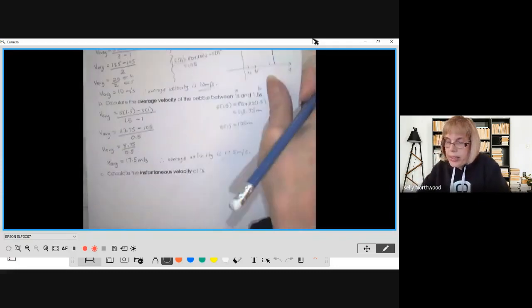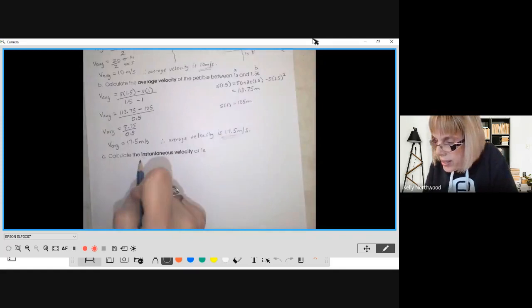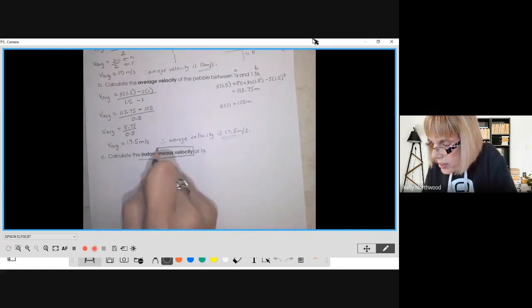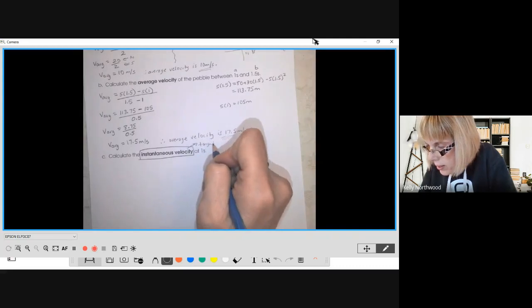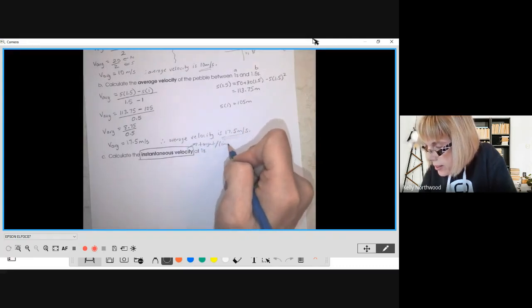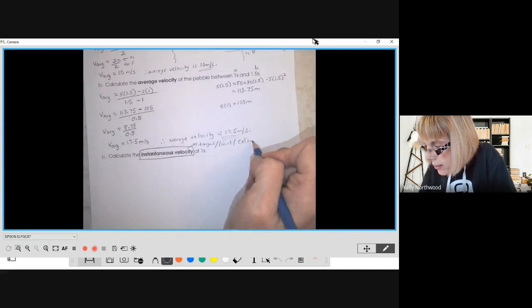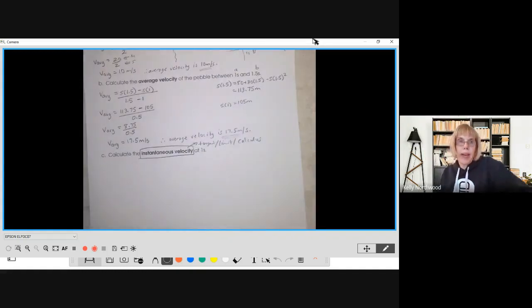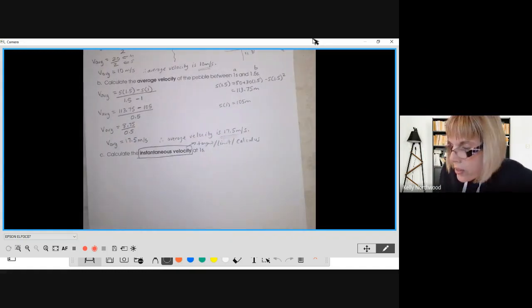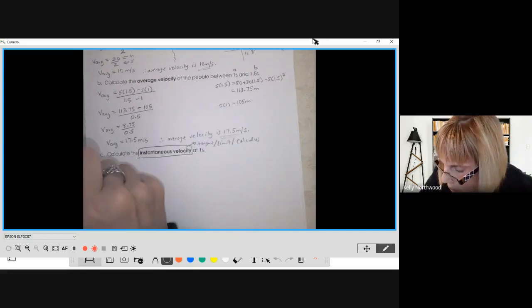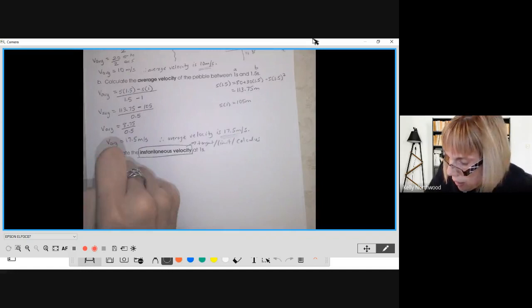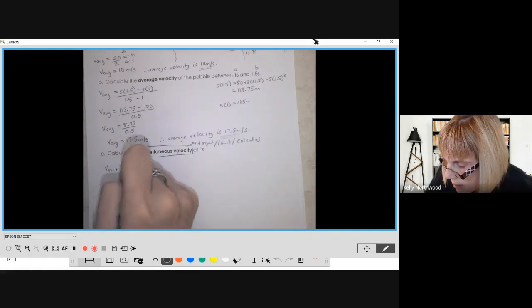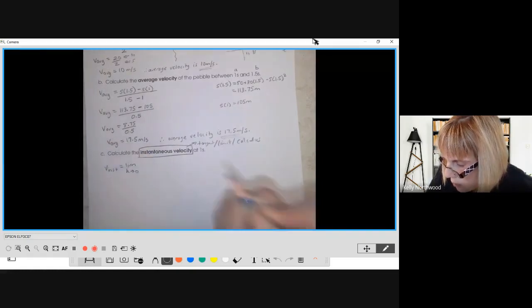So for C, we're going to calculate the instantaneous velocity. As soon as you see instantaneous velocity, you're thinking tangent, limit, calculus. Okay, at 1 second. So instead of calling it V average, we're going to call it V instantaneous because this is a velocity question. And we're going to say it's the limit as h approaches 0.